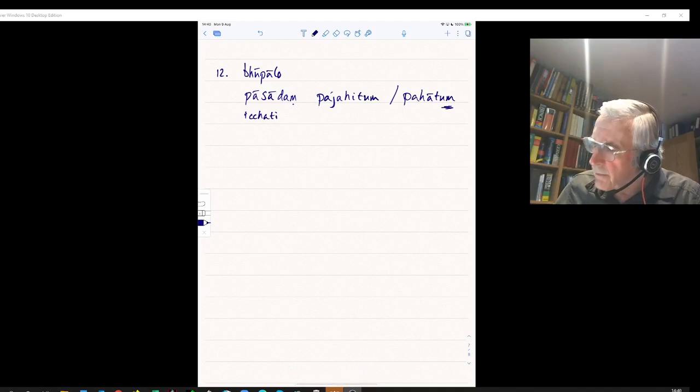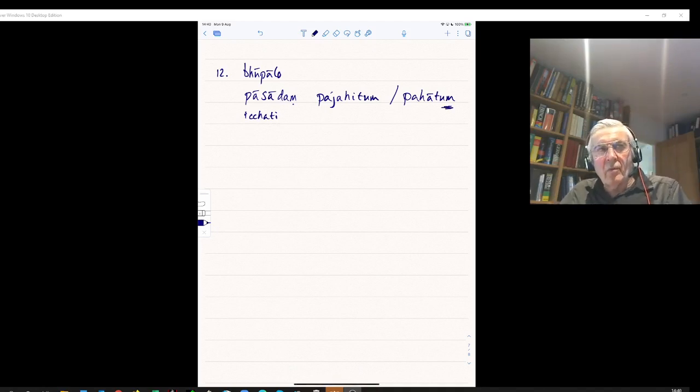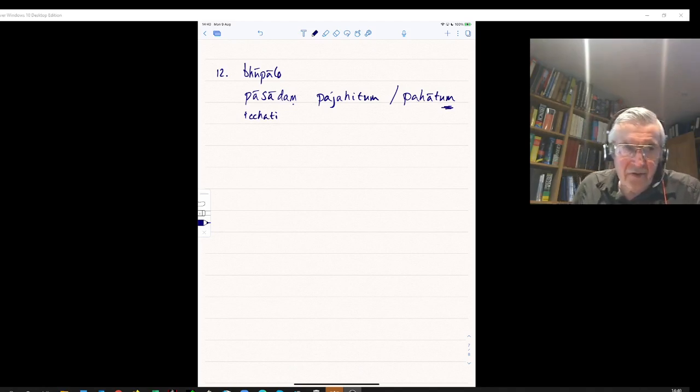Sorry, no, not that. Pahatum is more classical, it's more Sanskrit. It would be prahatum in Sanskrit, not prajahitum. Prajahitum would be an impermissible form, because in Sanskrit the tum or itum ending is added to the root. In Pali, it is added to the root, and it's often added to the present stem. So paha, Sanskrit praha, to abandon.